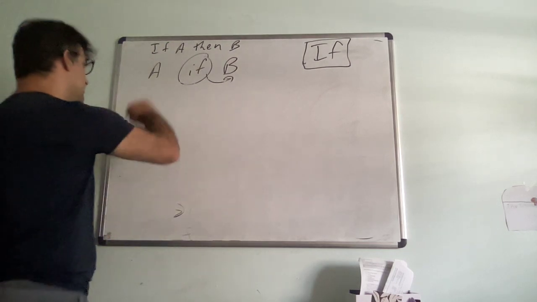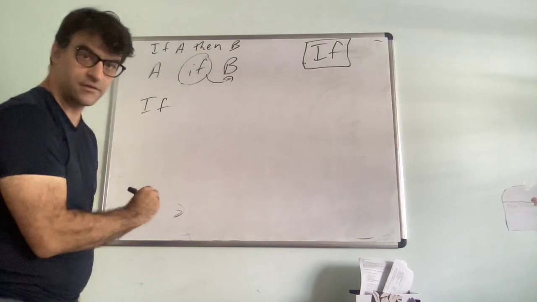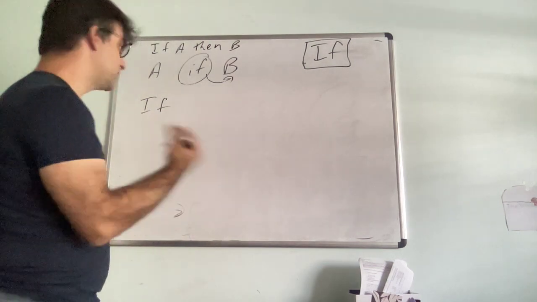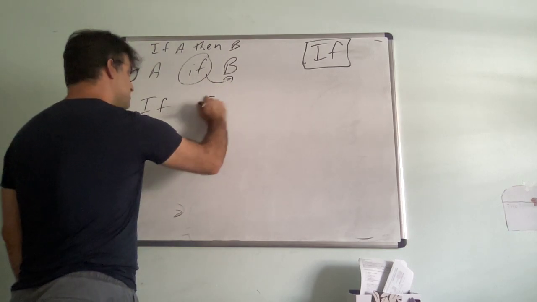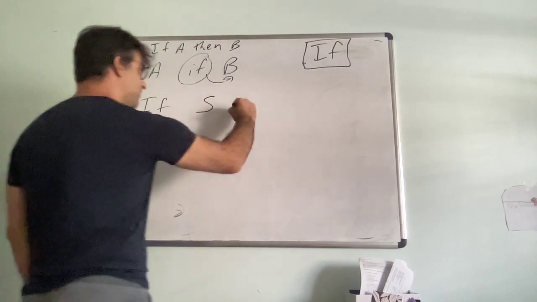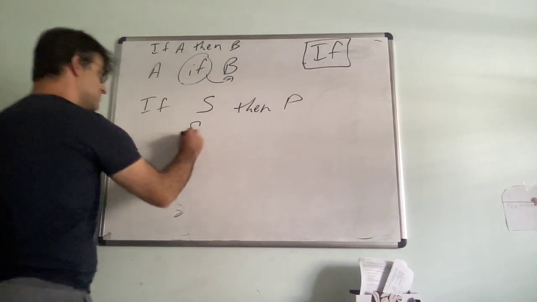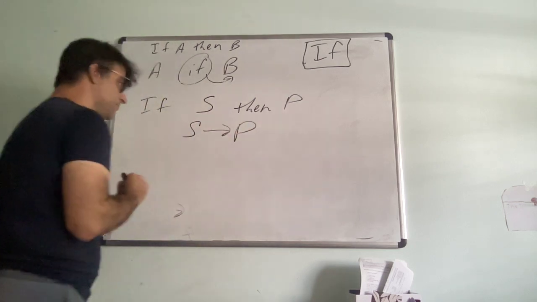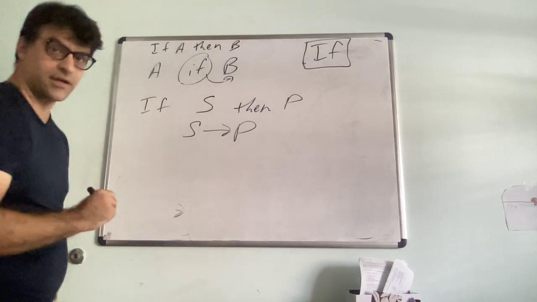If you have above a 60 average on all the homework scores, then you pass. Right? S arrow P. S arrow P. Okay?